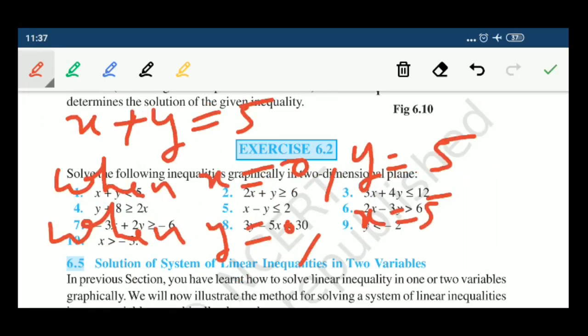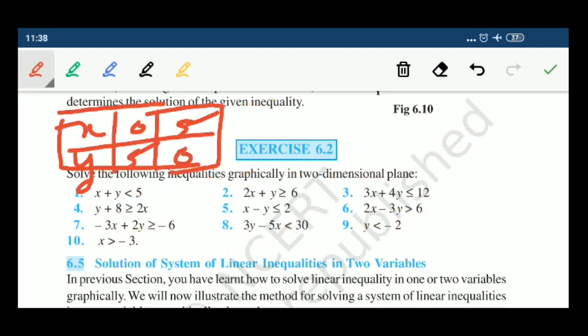Now you will take the value of x as 0, so that you get the value of y as 5, and when you take the value of y as 0, the value of x is 5. See the table for this equation, x plus y equals 5: when x is 0, y is 5, and when y is 0, x is 5.